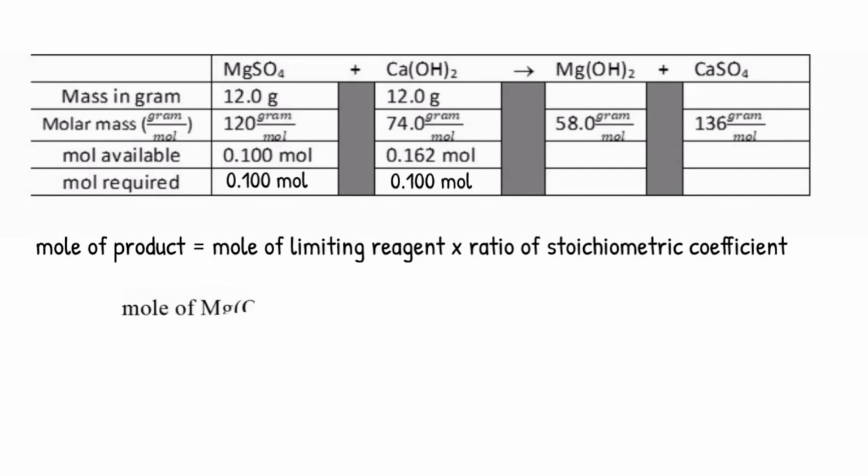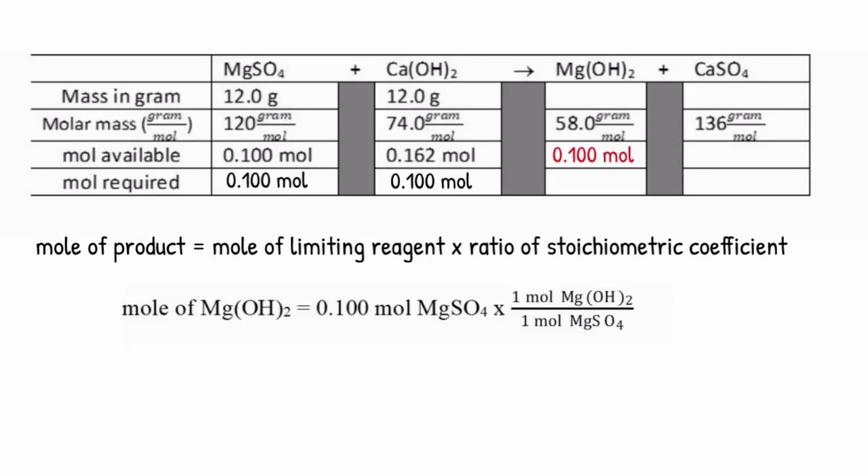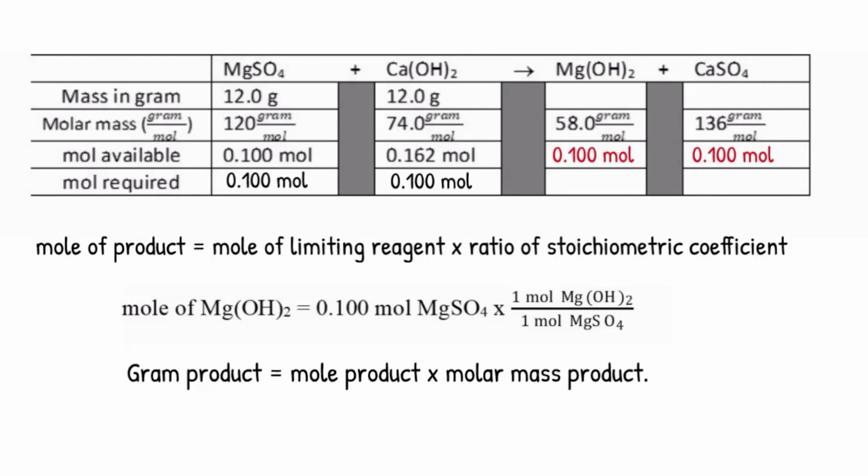For example, magnesium hydroxide is equal to 0.100 mole of magnesium sulfate, the limiting reagent, times the mole of magnesium hydroxide divided by 1 mole of magnesium sulfate. Once the mole product is determined, we can calculate the yield in grams by multiplying the mole product with its molar mass.